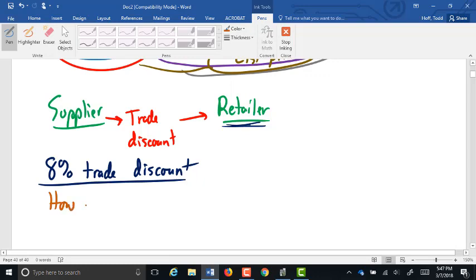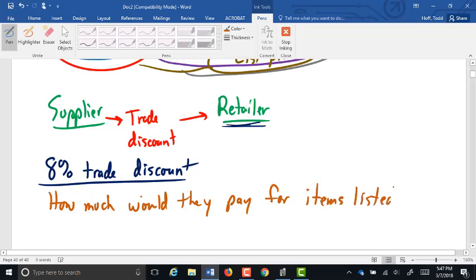How much would they pay for items listed at, meaning list price, $840?